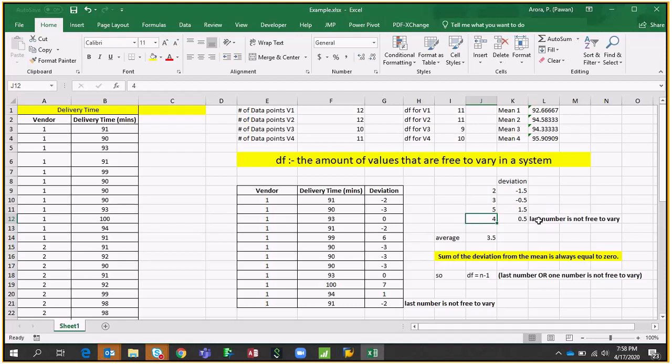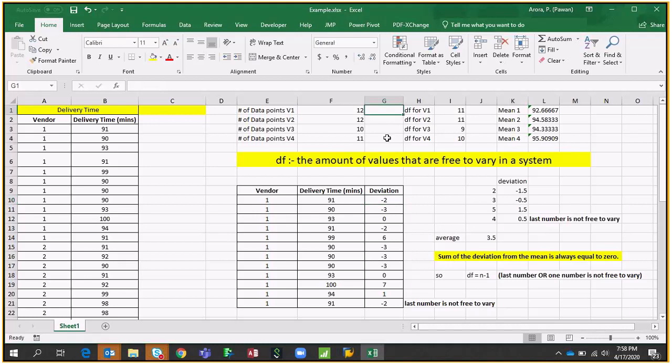Now let me take you through a bigger example. Suppose I have vendor data and I have collected their delivery times. I have 12 data points of vendor number one here, and their delivery times are right here. In these 12 data points, the average is 92.66 something, and I took the deviation between each data point and the mean.